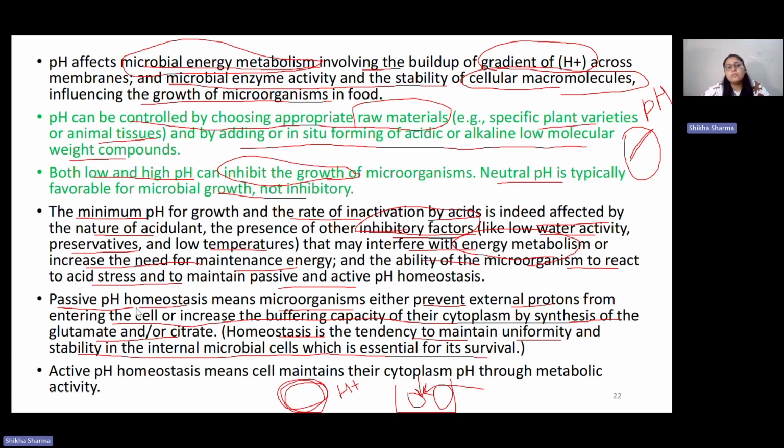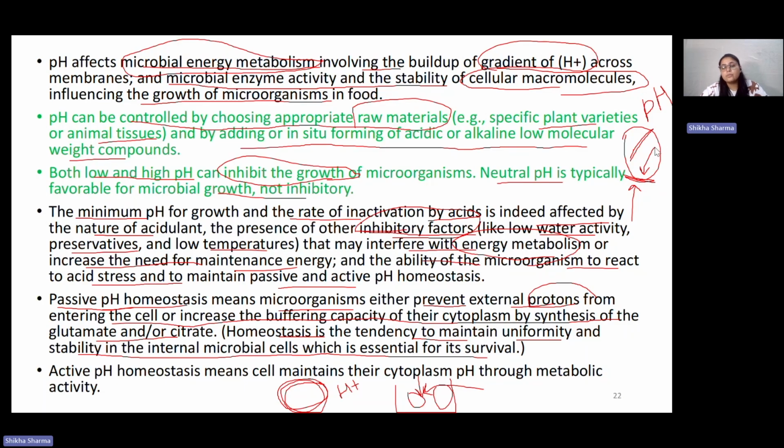The passive pH homeostasis can be maintained when the external protons are inhibited by the cell wall, or some kind of buffering agents are produced from inside of the cell.